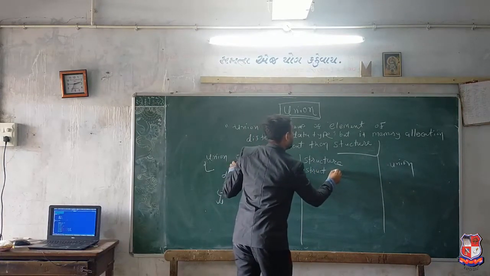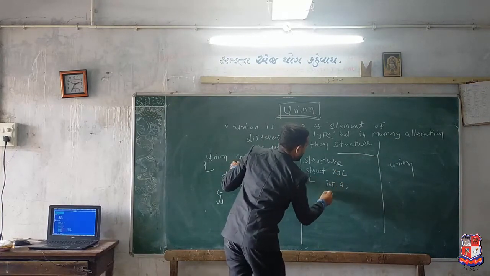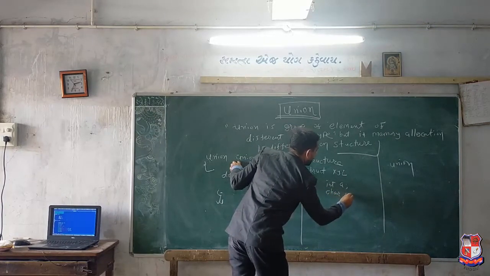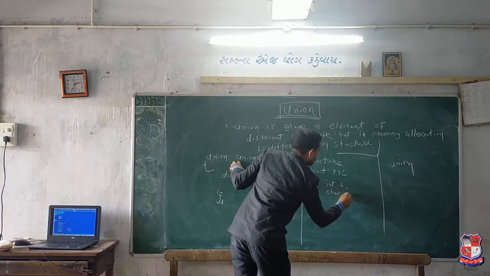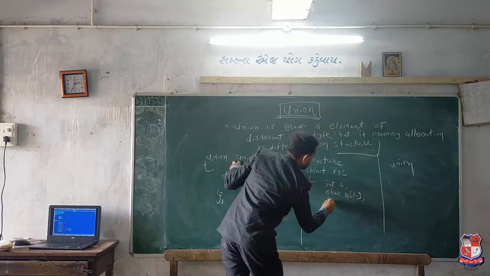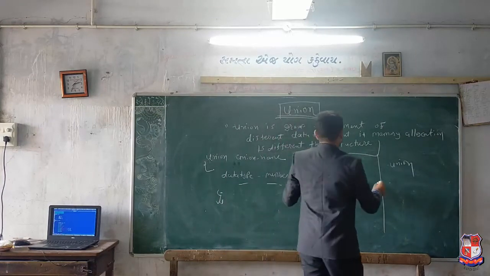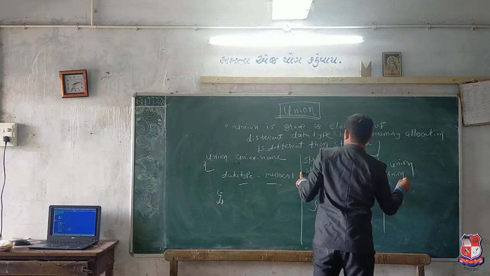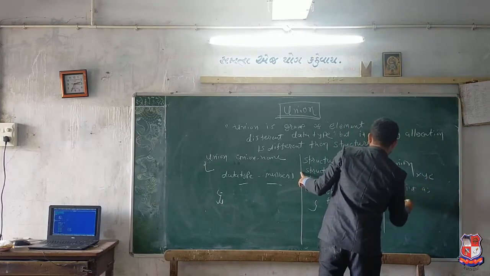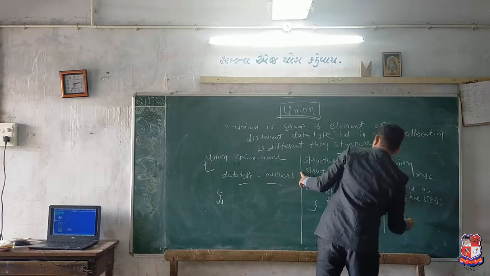Struct x, y, z, integer a, character b[20], and float c. Same example here. Union x, y, z, integer a, character b[20], and float c.